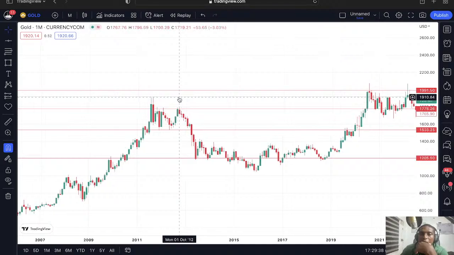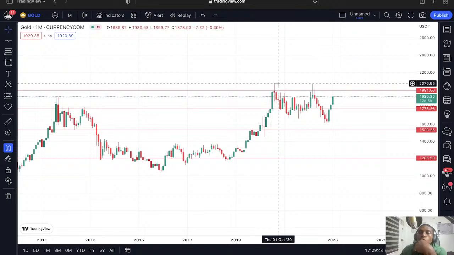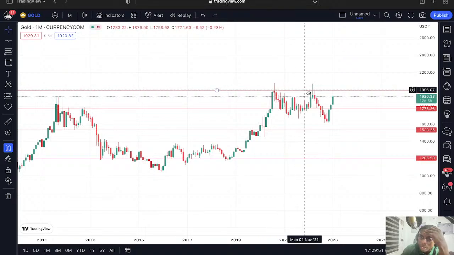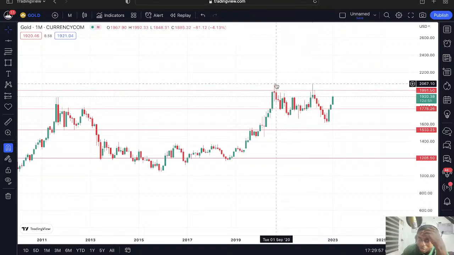And in 2020, gold went as high as $2,074. And in 2022, gold touched that same region as 2020.